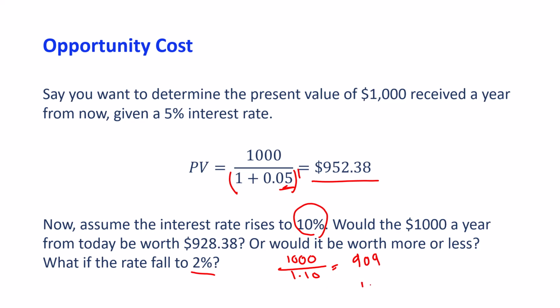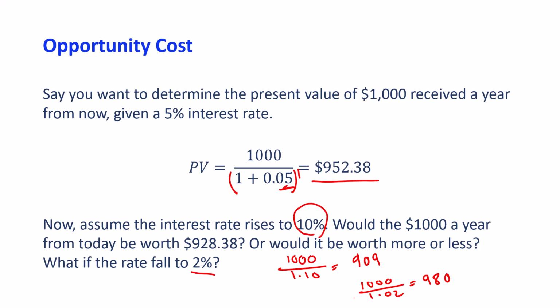And at 2%, the present value would be $980. Of course, with a lower opportunity cost, the present value would be higher. With a higher opportunity cost, the present value would be lower. So you punish the future cash flows much more at 10% because your opportunity cost is higher compared to the 2% rate.